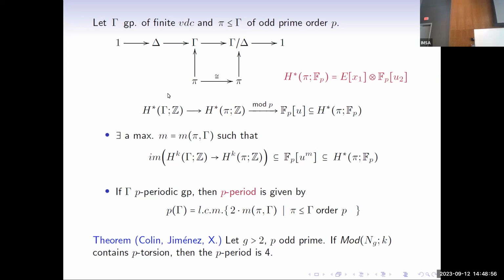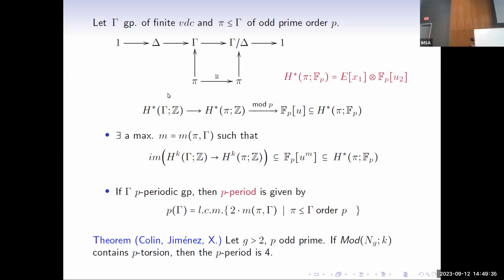And if you think of pi as a cyclic group of order p, then we will have a way to relate the cohomology of gamma with the cohomology of pi, or C mod p, right? So the mod p cohomology of pi in this case is an exterior algebra on a one-dimensional class times a polynomial algebra on a two-dimensional class U, right?